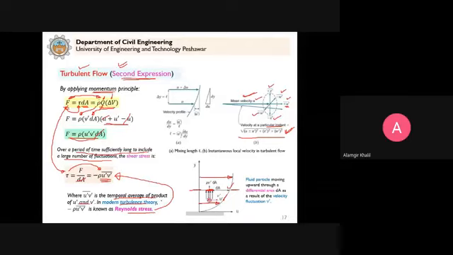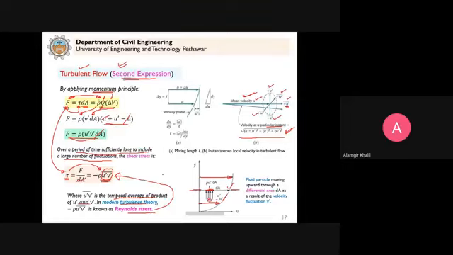Clear? So this Reynolds stress, this product, theory explains very well how to calculate the shear stress, but the problem is how to measure the product of these fluctuating components over a long period of time. Physically it is very difficult to measure this product.